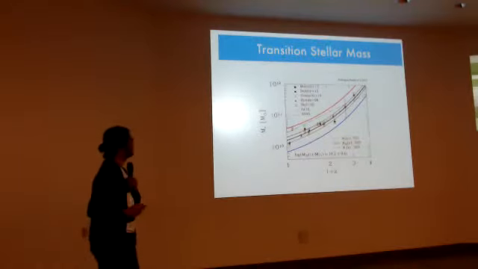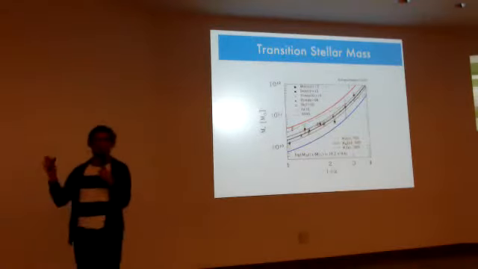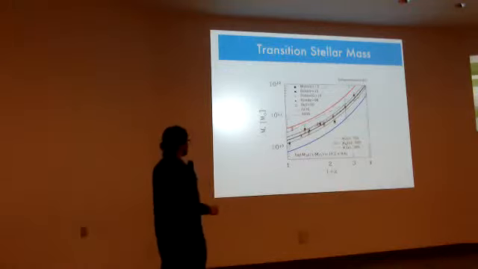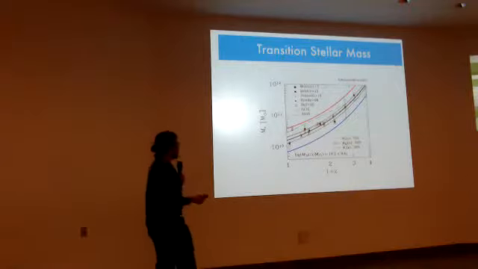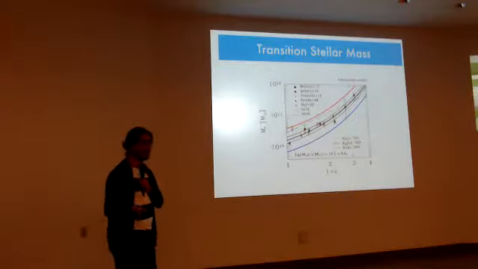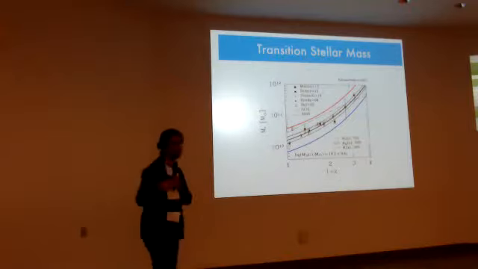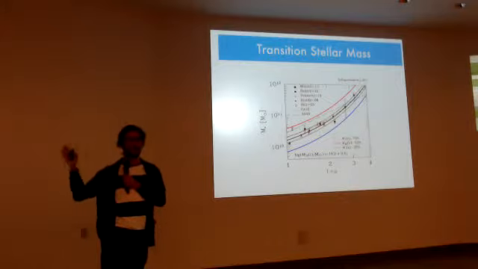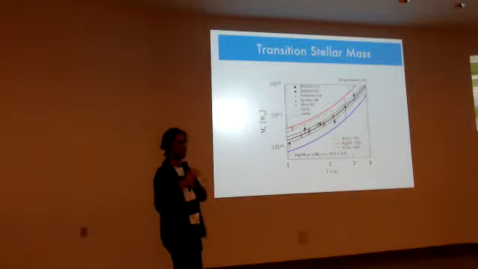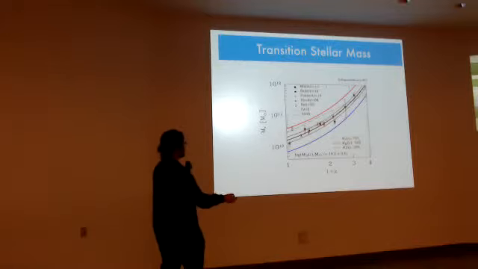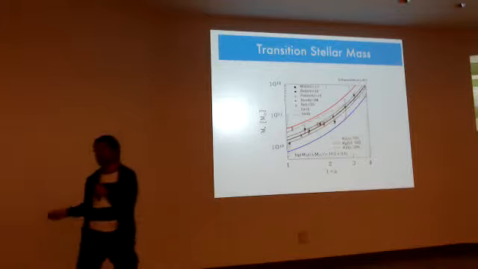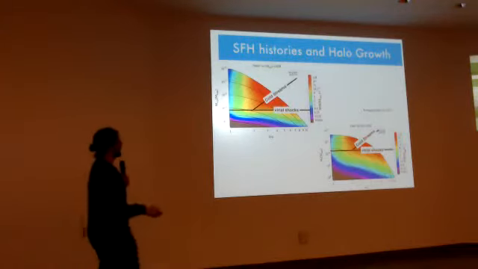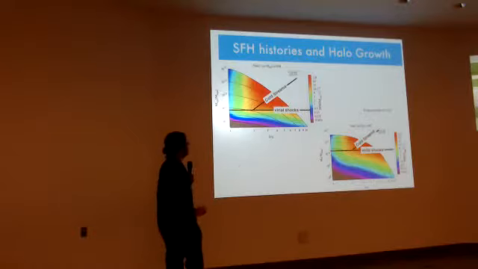But first, because we can always project observables in terms of the evolution of our galaxies, one of the interesting things that we did was to see how the transition mass of quenching, meaning the mass where the galaxy stellar mass functions of quenched and star forming galaxies cross, translates into our tracks of the halo mass and the stellar mass growth when we color code with the star formation rates.